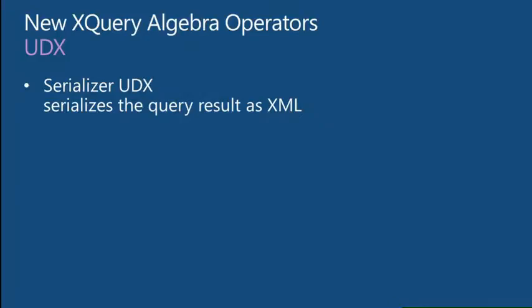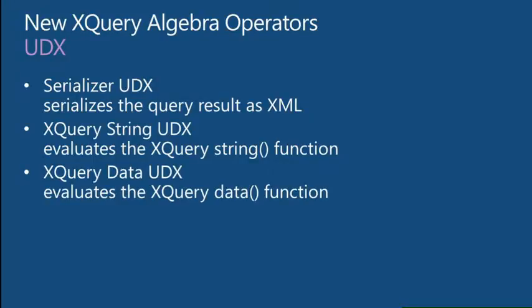In addition, we added a few other algebraizer components. One is the UDX, and the serializer UDX, XQuery string UDX, and XQuery data UDX are all kind of the same. What they're doing is they take a node and extract from the node the textual value.